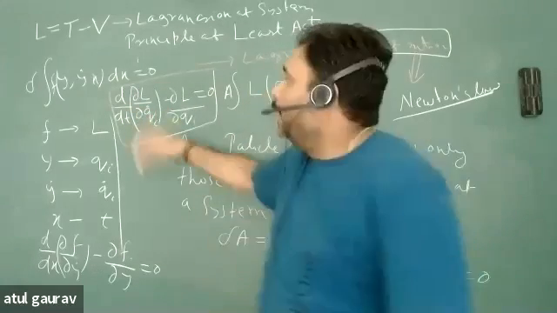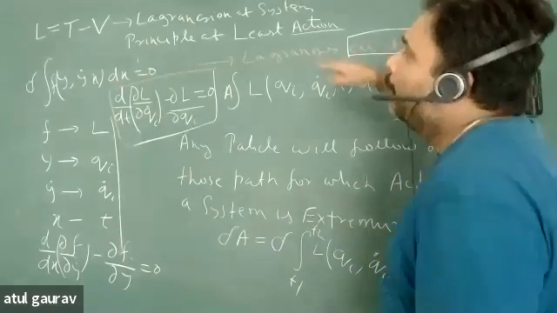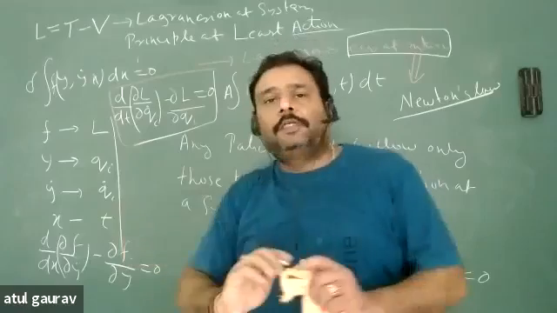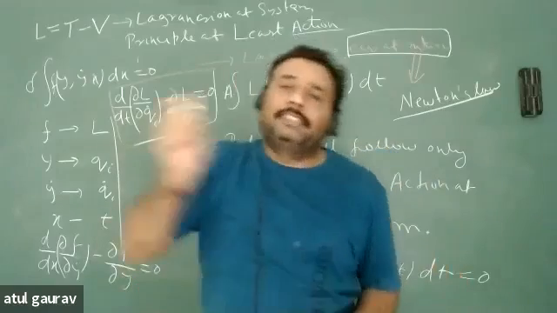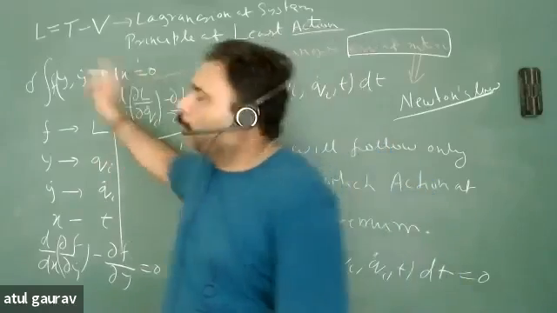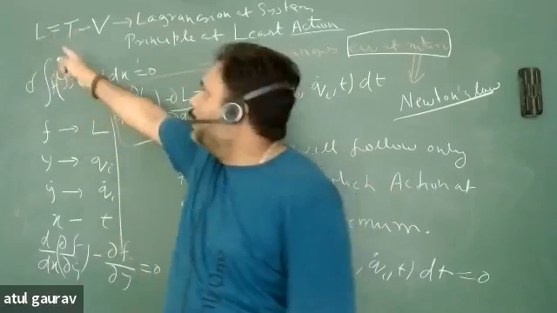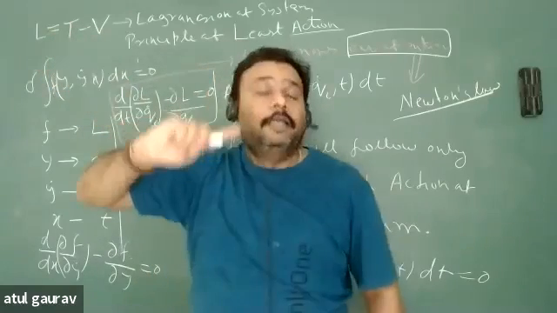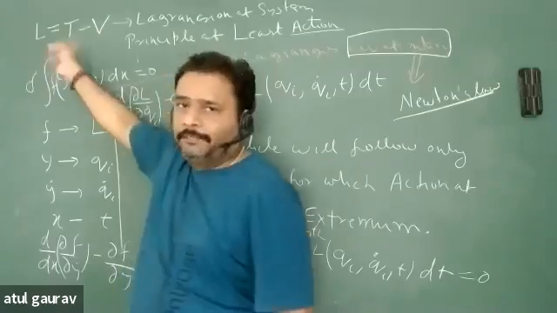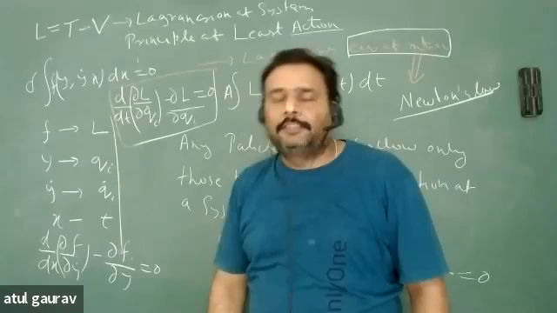What I need is that this acts as an equation of motion or Newton's law of motion. So I have to choose the form of L such that it behaves like Newton's law of motion. I have chosen intelligently that L is equal to T minus V, and then this will behave like Newton's law of motion.